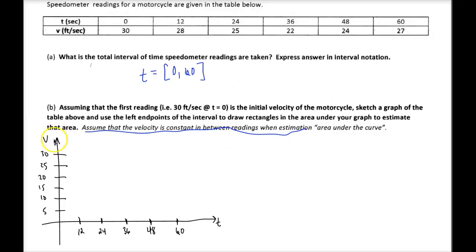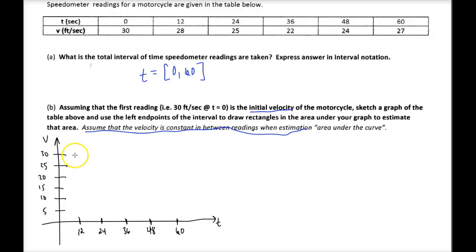In place of what would be our y-axis is now our v-axis, and in place of our x-axis is our t-axis. We are going to use the initial velocity of 30 feet per second, and we're assuming that the velocity is constant in between readings.